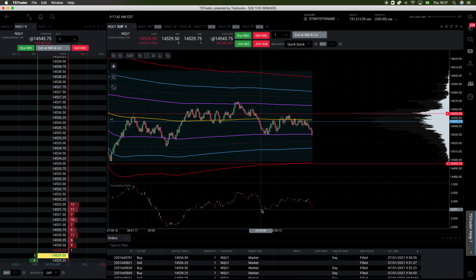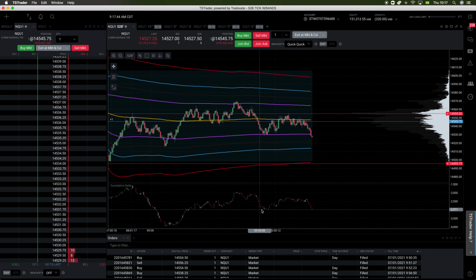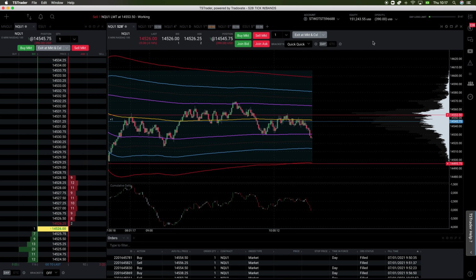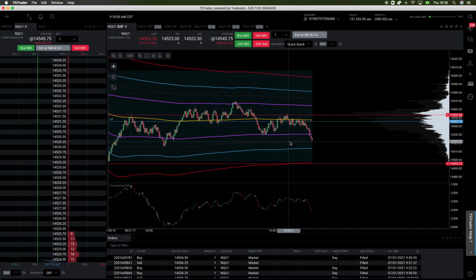Then we have one more level of structure. And we just broke through that second level of structure, so we are going to see some big time pain right now. And this is what happens when you FOMO, guys. This is definitely what happens when you FOMO into a trade.